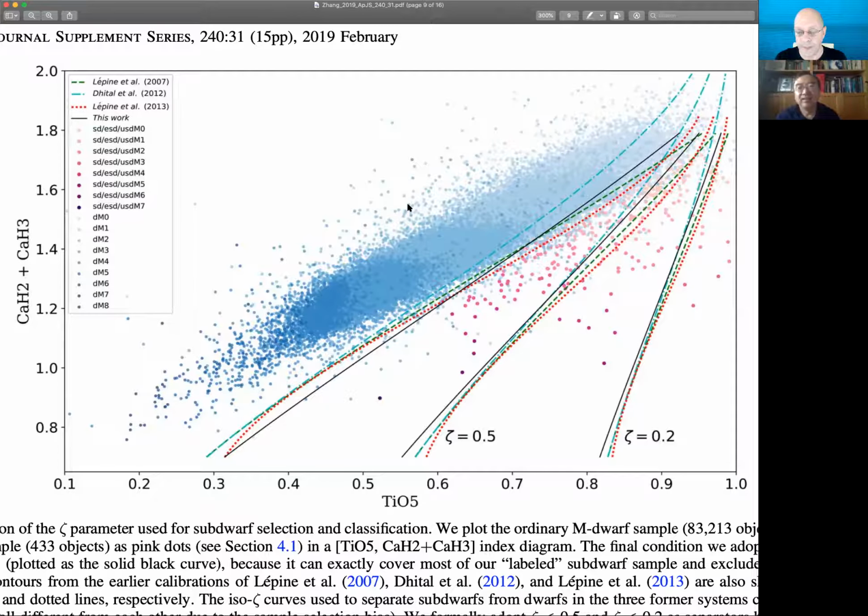So we are using this revised criteria combined with CaH1 and CaH1 versus titanium oxide. We checked all the more than 1 million spectra from LAMOST DR4.